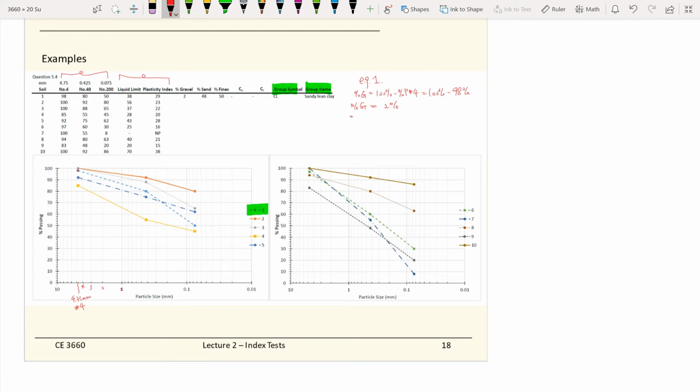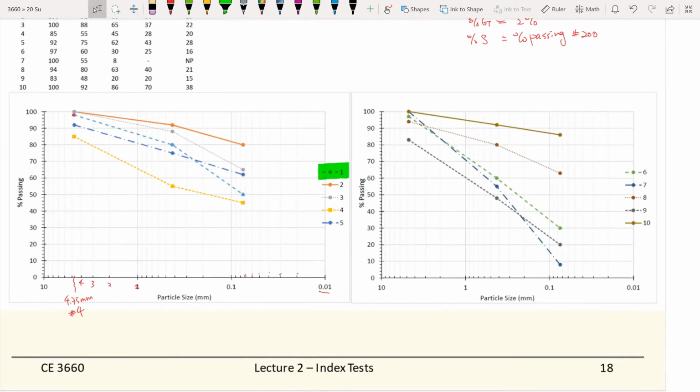The next, we want to find out percent sand. Percent sand is equal to percent passing number 200. In this case, number 200 is 0.075 millimeters. So this is 0.001, 2, 3, 4, 5, 6, 7.